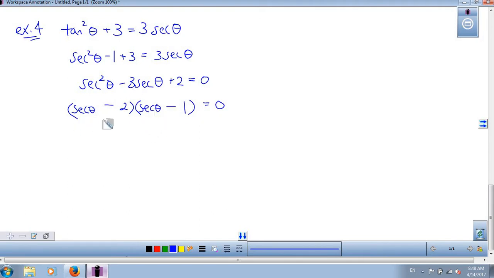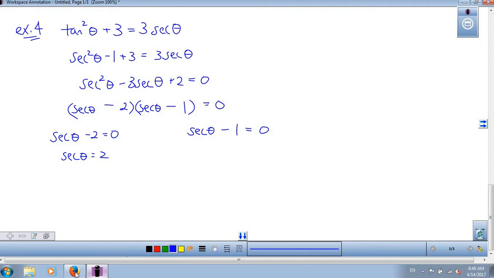So now we have two factors. So we know secant theta minus 2 would be equal to 0, and secant theta minus 1 would be equal to 0. So there are two possibilities here. So we have to solve it two ways. From the first equation, it tells us secant theta equal to 2 because I can add 2 on both sides. Okay, so when does secant theta equal to 2?